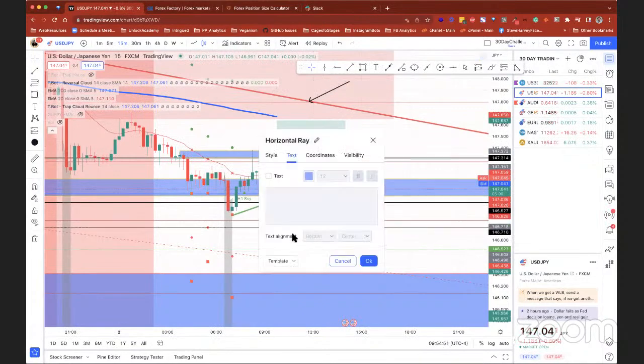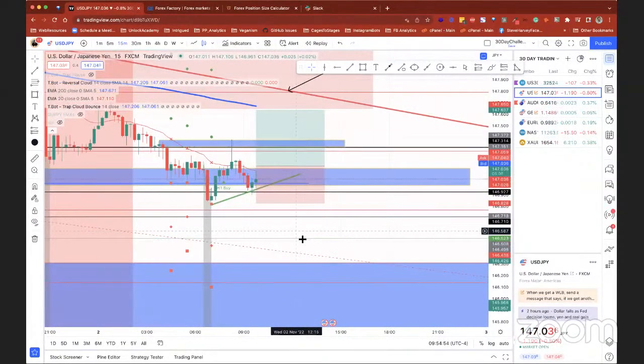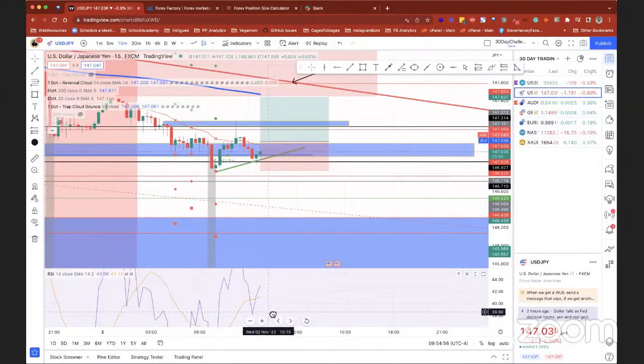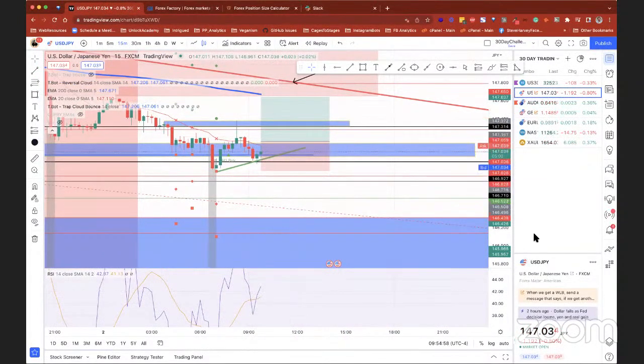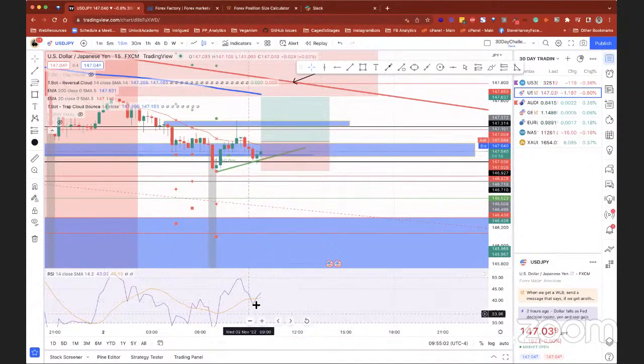Okay. Let's check our RSI. See if we can get another confirmation. Okay, it already crossed over here. Crossed where? Right here. Okay, that's a good sign.